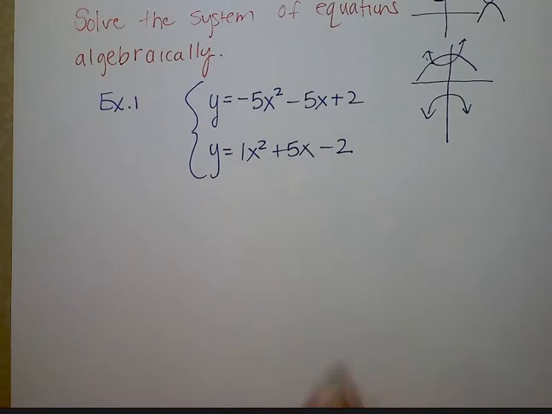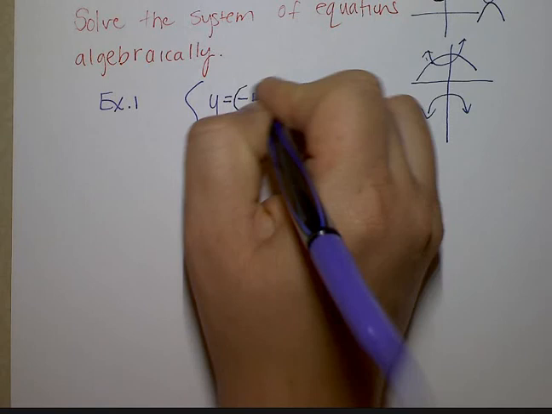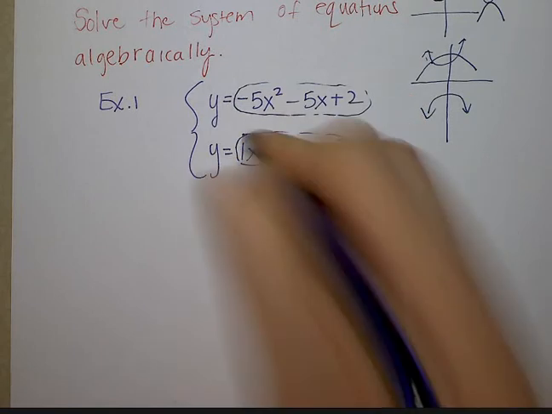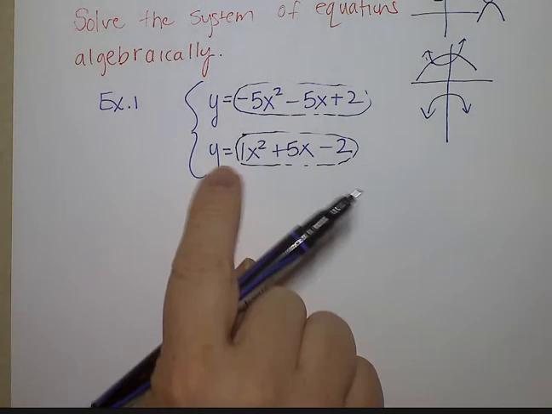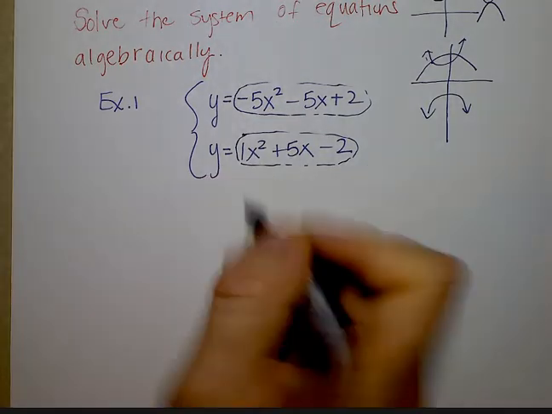So to do that, do me a favor and circle what each equation has: y equals, circle y equals, and circle. I'm going to take these two portions and I'm going to set them equal to one another.